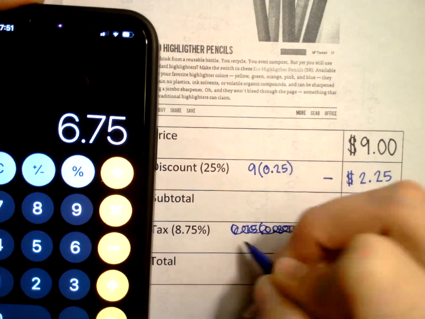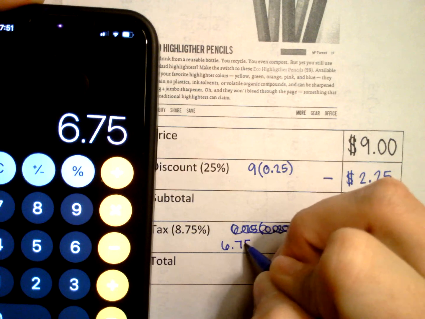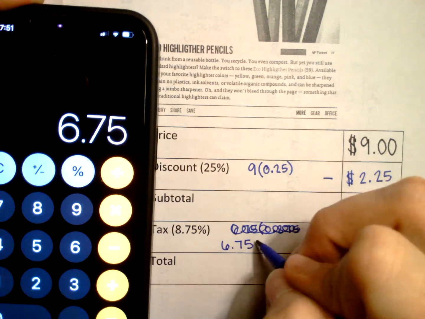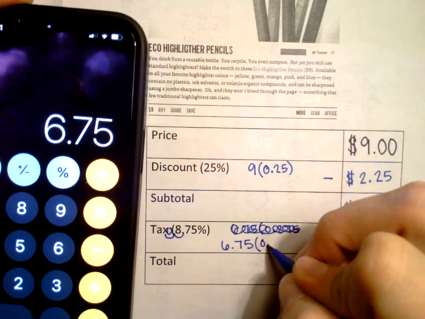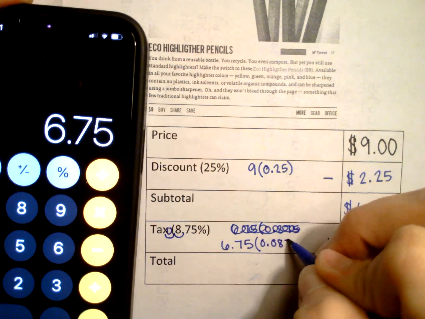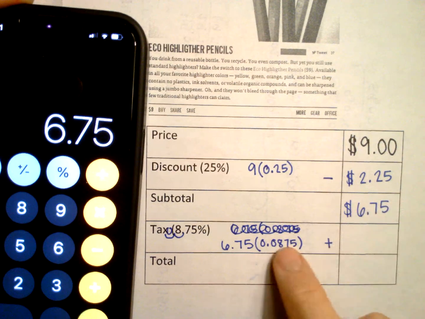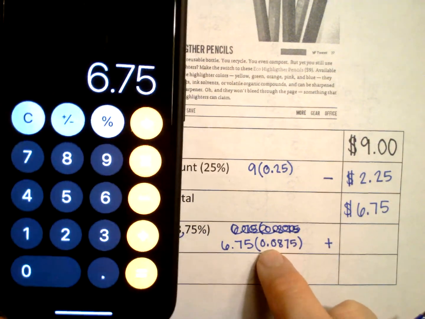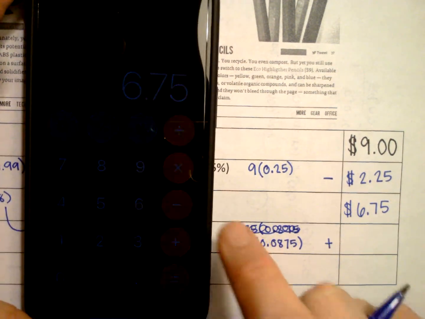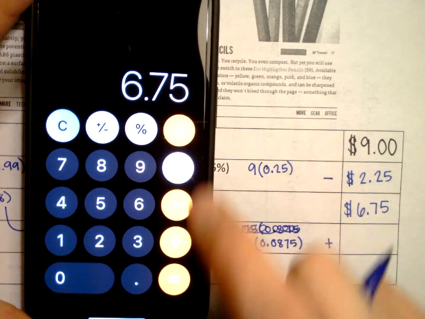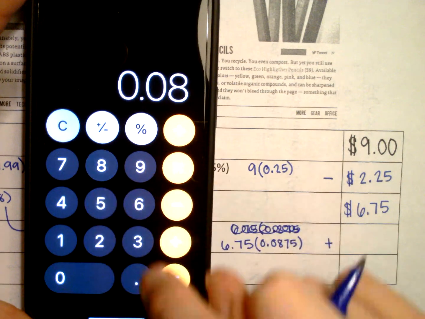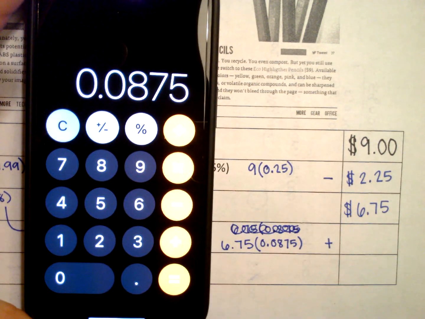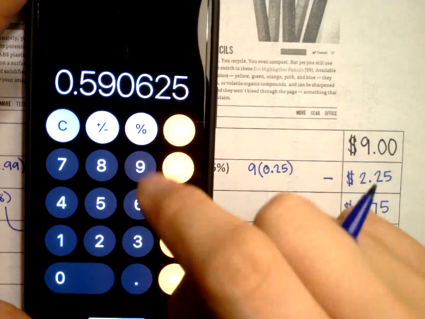I'm going to rewrite it. $6.75 times, and I have to move it 2 places, which means that it's 0 and 875 ten-thousandths. I forgot that 0 before. So using my calculator, I multiply my 6.75 times 8.75%. It equals this.